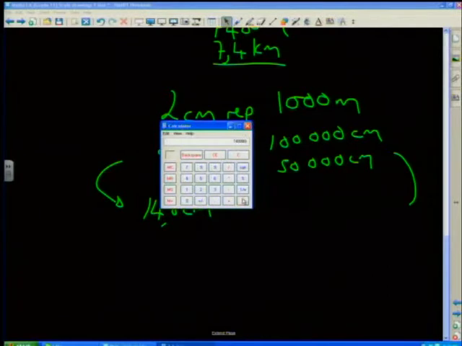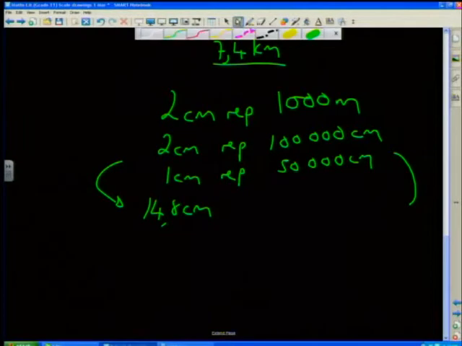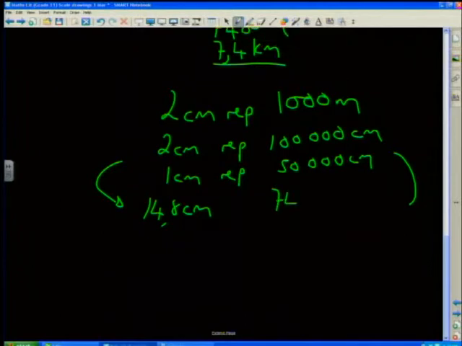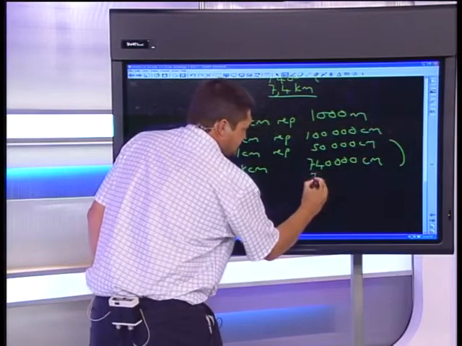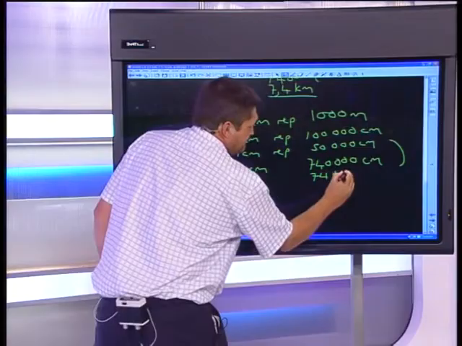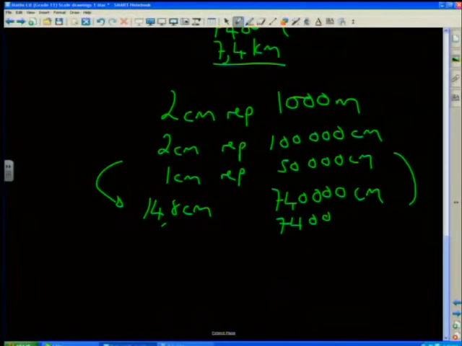We land up now with an answer of 740,000 centimeters. So the distance represents 740,000. Let's change it to meters: 7,400 meters, and change it to kilometers. We divide by 1,000, and it represents 7.4 kilometers.